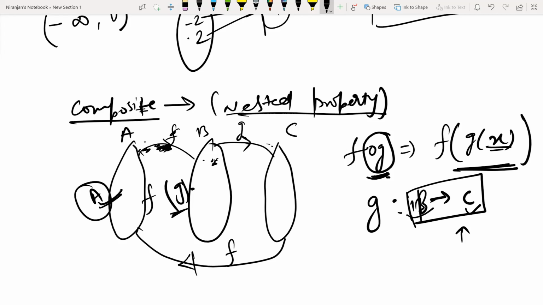So that's how we define the composition. You can take any combination. This is one way I have defined; you can take any other combination, like you take G as A to B, and you take F as B to C. That's how you can also do it.